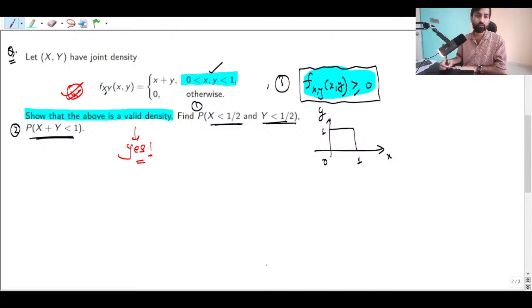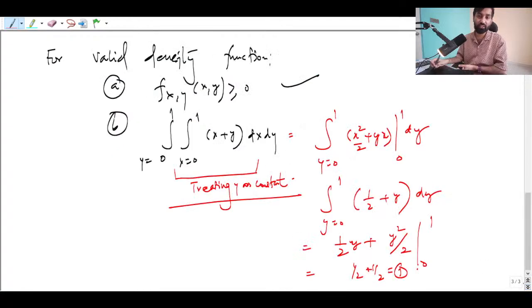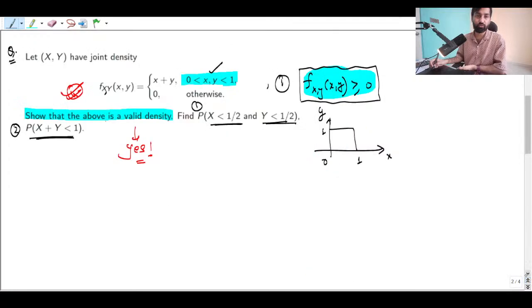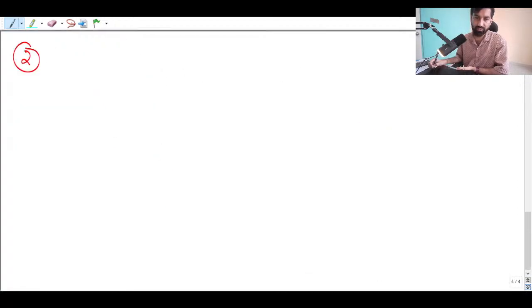Let us move to the next part of the question. The question says the density function is given. First of all, you have to identify which category it belongs to. So you can say this is the third category, where the non-uniform density function is there.